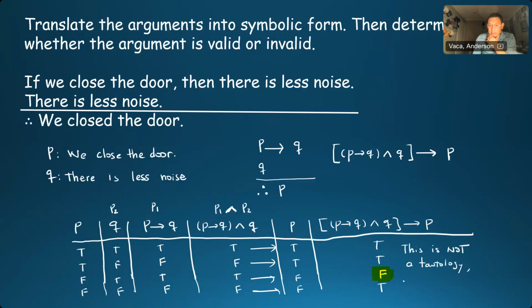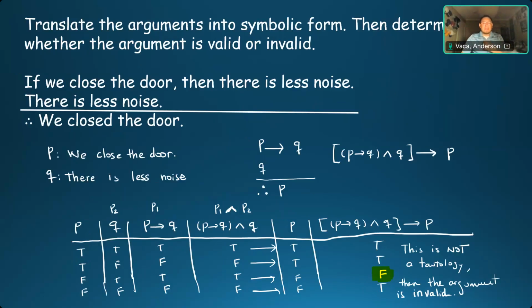Therefore, the argument is invalid. Let me select, oh yes, invalid. So in this particular example, since the very last column was not a tautology, the argument is invalid.